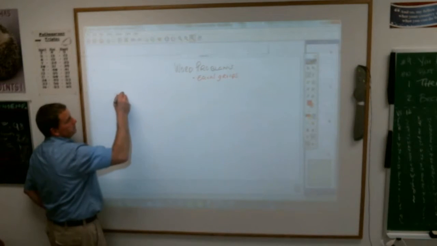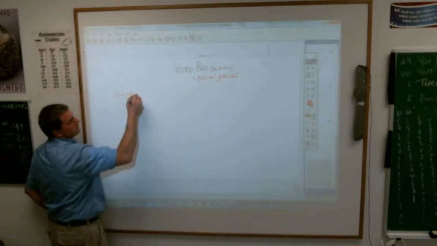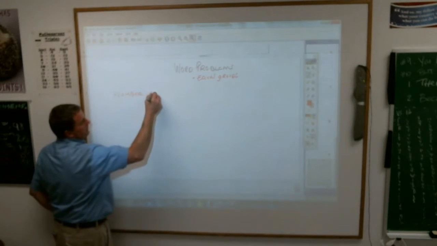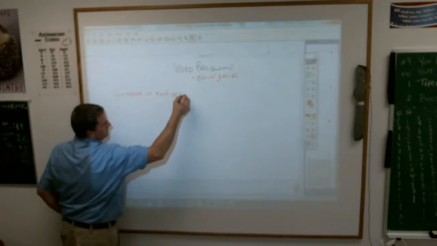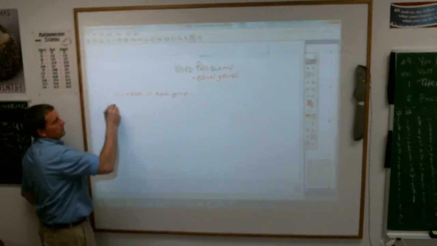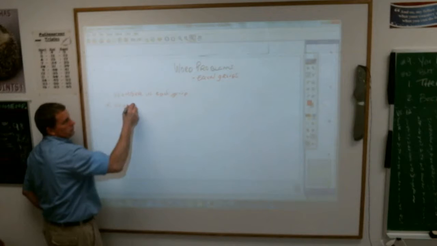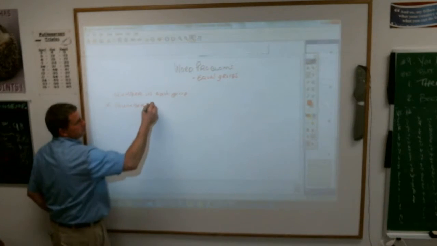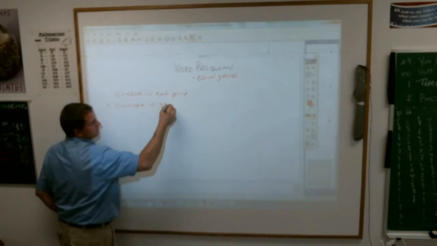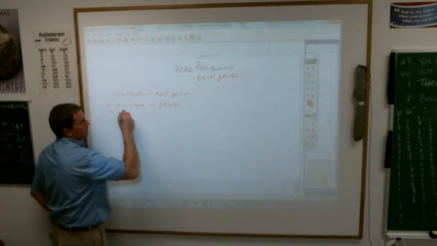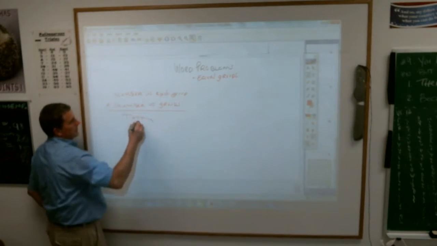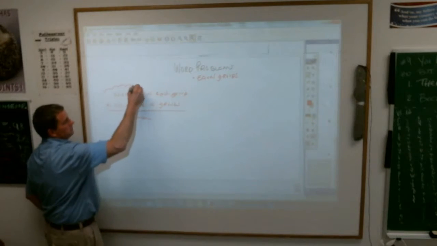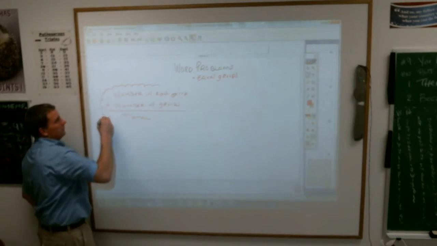The number in each group times the number of groups equals some sort of a total. Okay, this is the pattern that you're looking for.